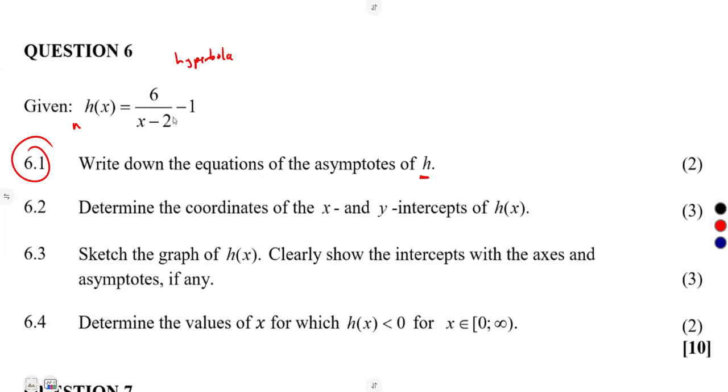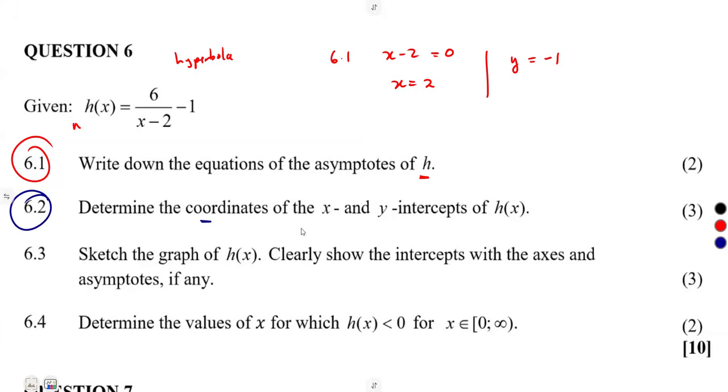From x minus 2, we can determine our asymptote. The x minus 2 has to be equal to 0, so x will end up being a positive 2. Then the y value is not affected. y is equal to negative 1. So those are the equations.